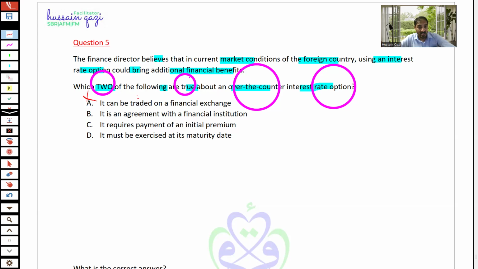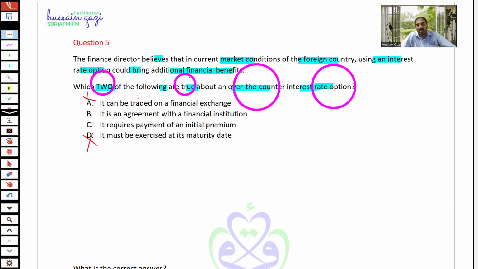Yes, it's right. C, it requires payment of an initial premium. Yes. D, it must be exercised at maturity. Must be exercised? No compulsion. That's why the option holder paid the premium. So A and D are obviously wrong.